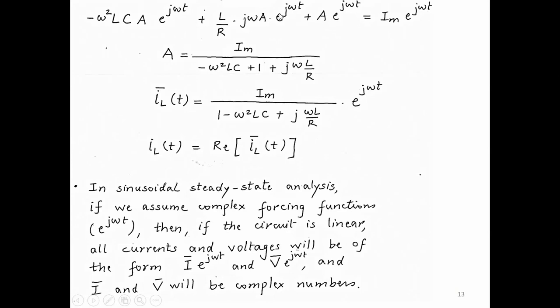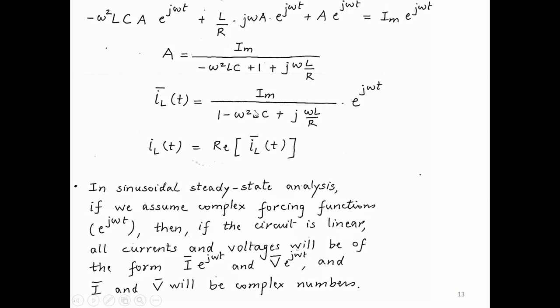Once the e raised to j omega t cancels, we can find A in terms of all known quantities: Im over one minus omega squared LC plus all that. And if this is A, then IL bar of t is this A into e raised to j omega t. And then the actual IL is the real part of the complex IL.